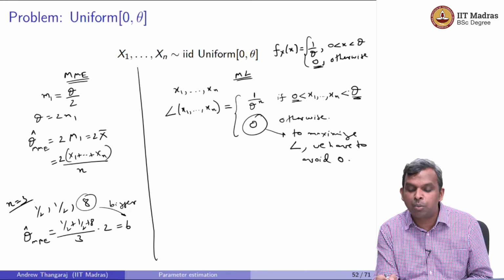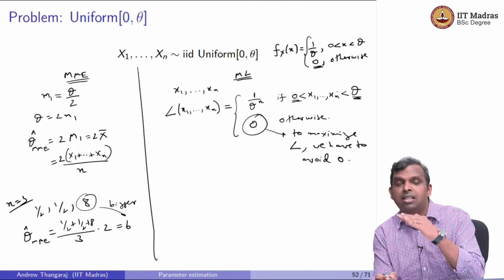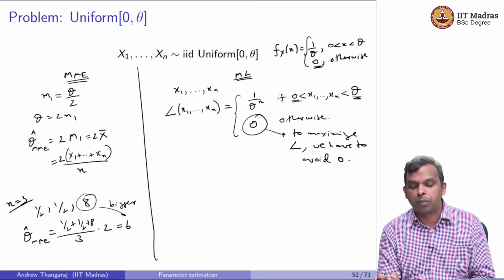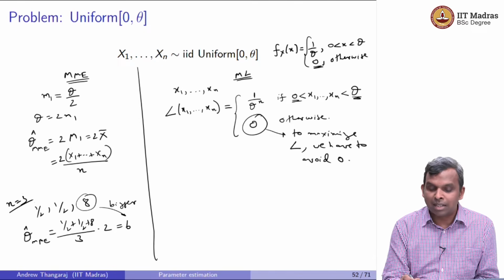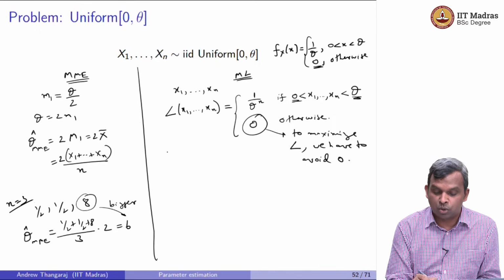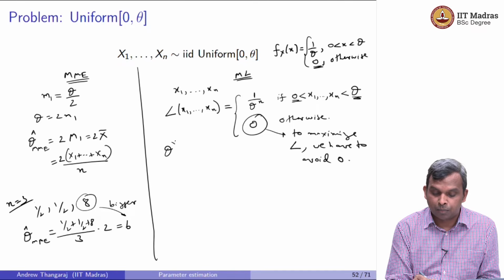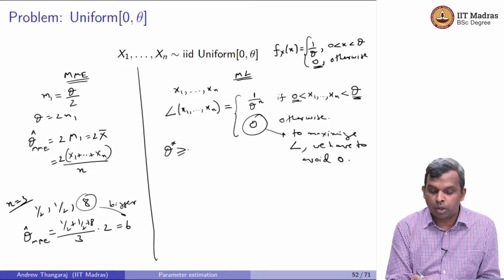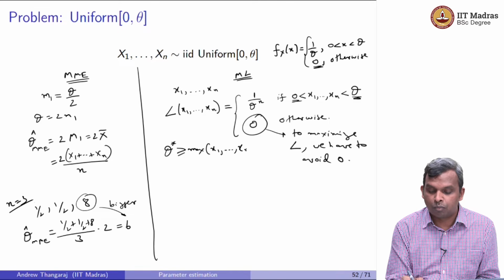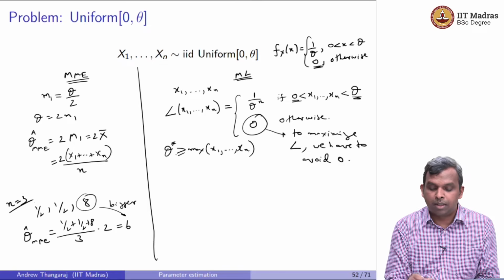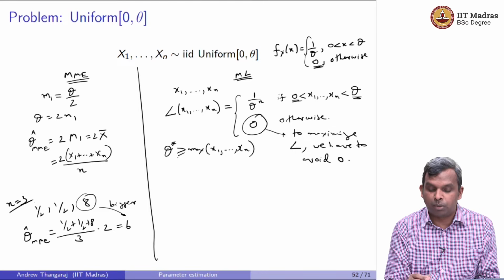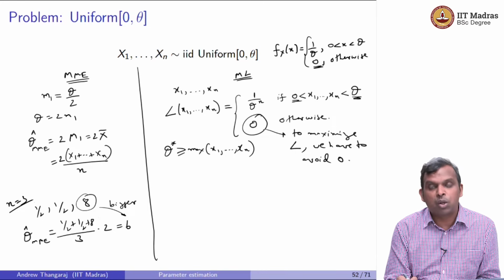So theta has to be above the largest xn that you saw. So that's one condition we'll assume. So our theta star, we will say, is bigger than or equal to max of x1 to xn. Once you do this, then your likelihood will always be 1 by theta power n. So the 0 won't occur.